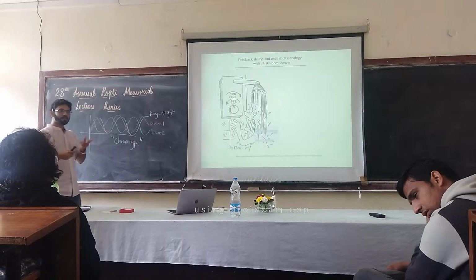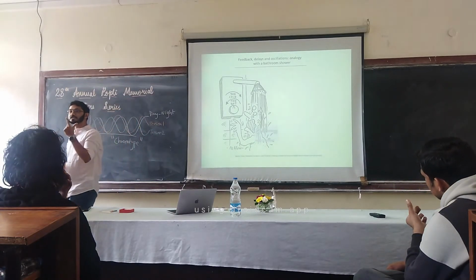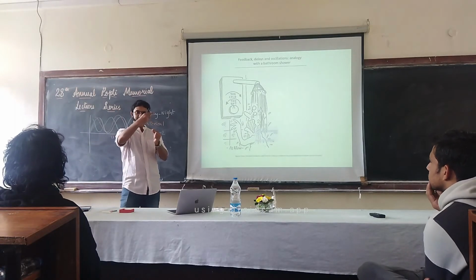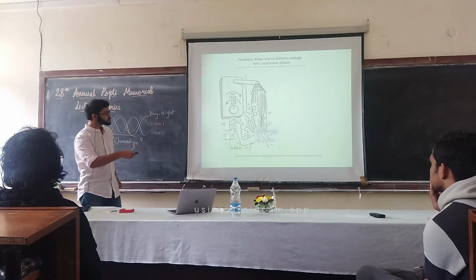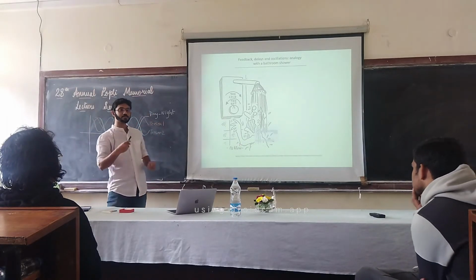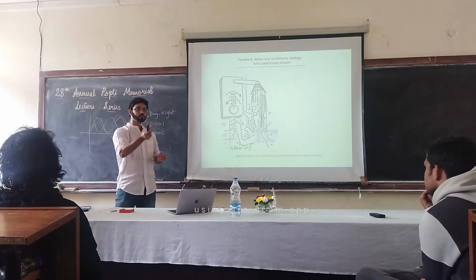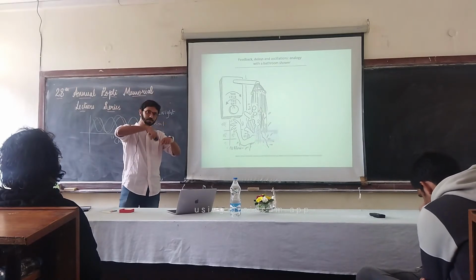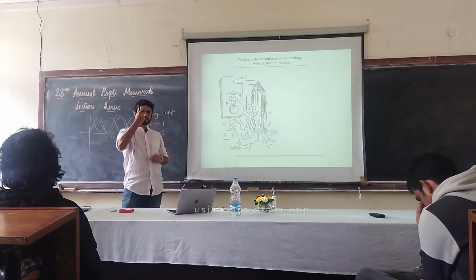The two very important things in this analogy: remember I told you that there has to be a delay. There has to be a delay between you turning the knob and the system detecting the temperature. And the second important thing is there is a negative feedback in this system. When it becomes too hot, your body tells you this is too hot, I need to reduce the temperature. Then when it becomes too cold, your body tells you to increase the temperature.